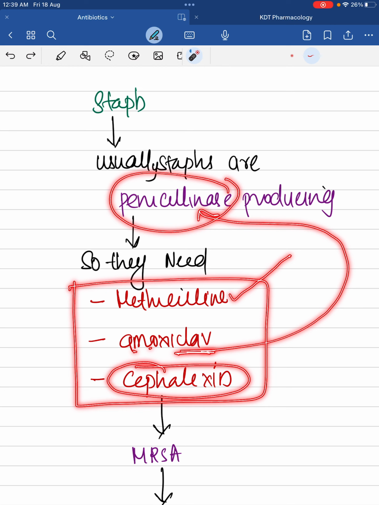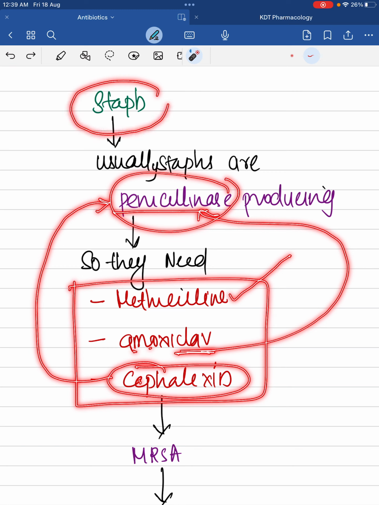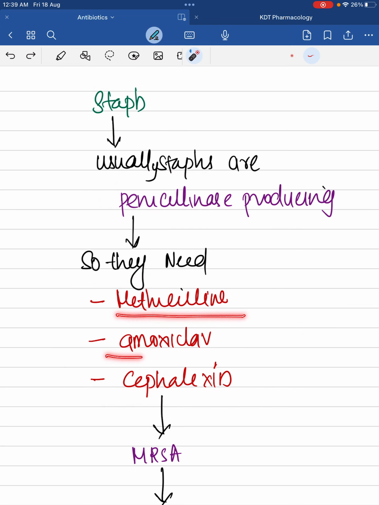Cephalexin is a third generation cephalosporin which can also act against penicillinase. So when we suspect a staphylococcal infection with penicillinase production, we can choose methicillin, amoxiclav, cephalexin.